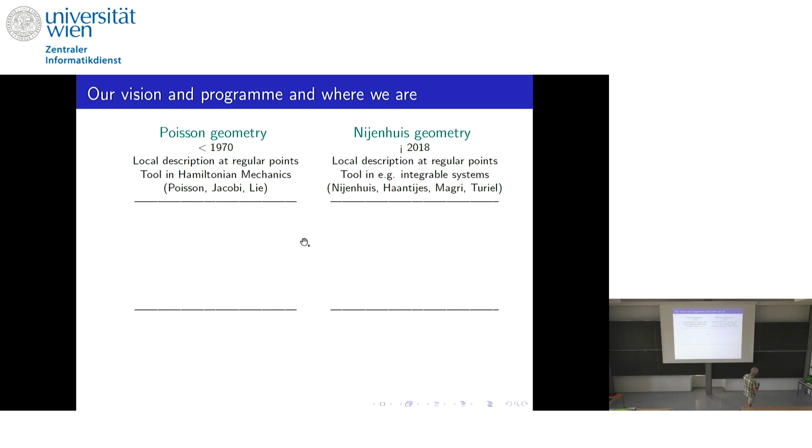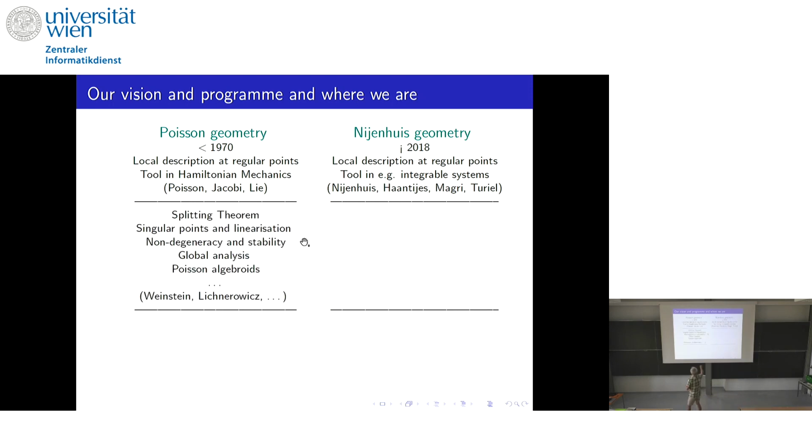People who knew of them and could use Google knew the local description at regular points, in very regular points, the diagonal case, and used it as a tool in integrable systems and maybe some other topics. But then in the 1970s, two great mathematicians, Weinstein and Nijenhuis, wrote two different influential papers, proved theorems and suggested a program of study.